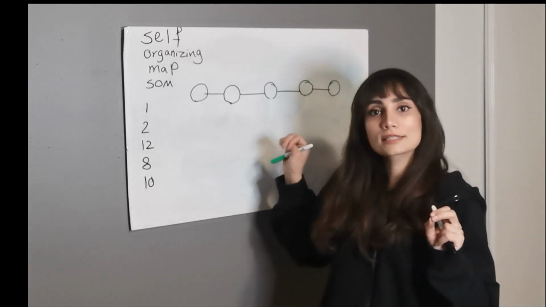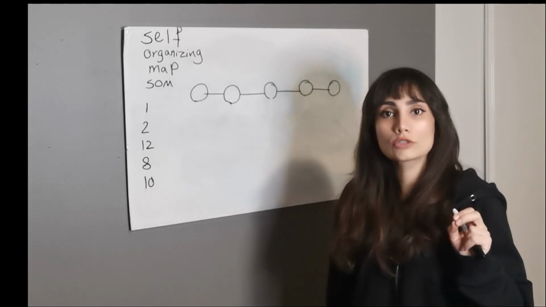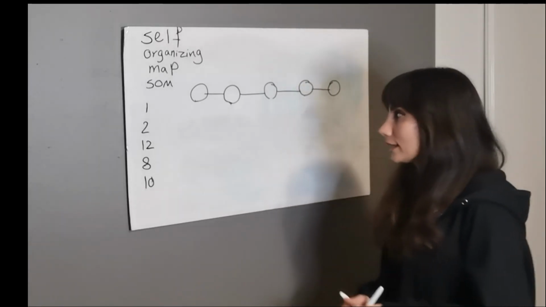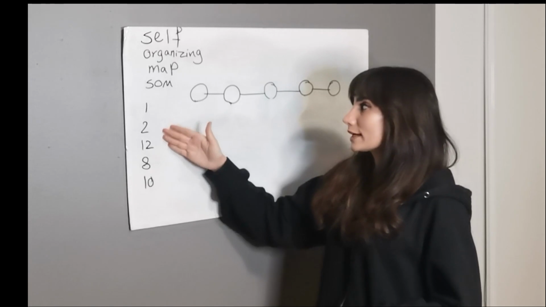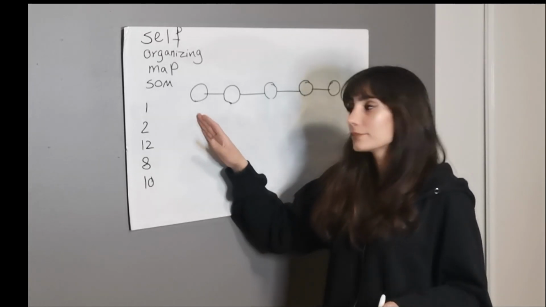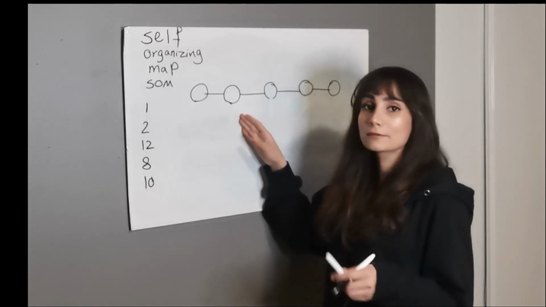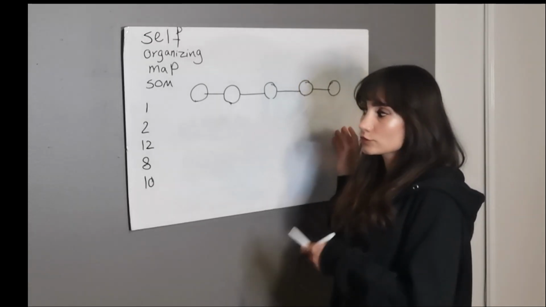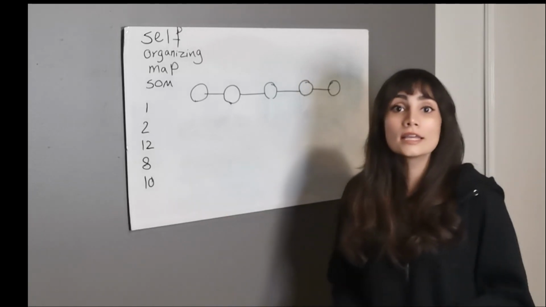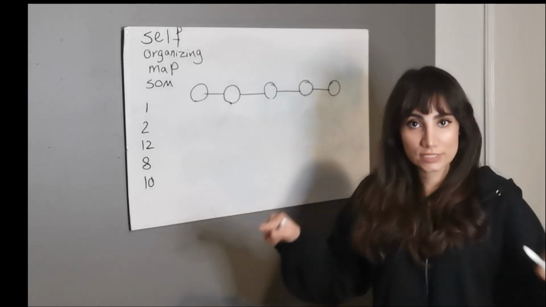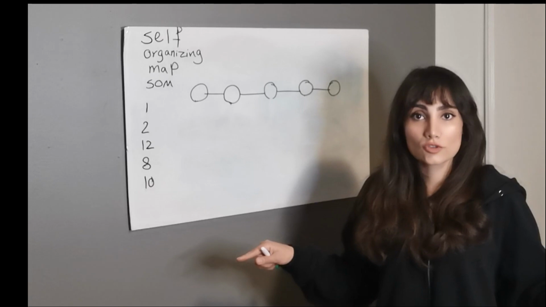And another thing to consider, SOM does not do hard clustering. So it doesn't say, okay, the numbers 1 and 2 are in one cluster, and then 12 and 8 are in another cluster, or 12 and 10 are in another cluster, and then 8 is another cluster as well. It has a Gaussian type of structure.